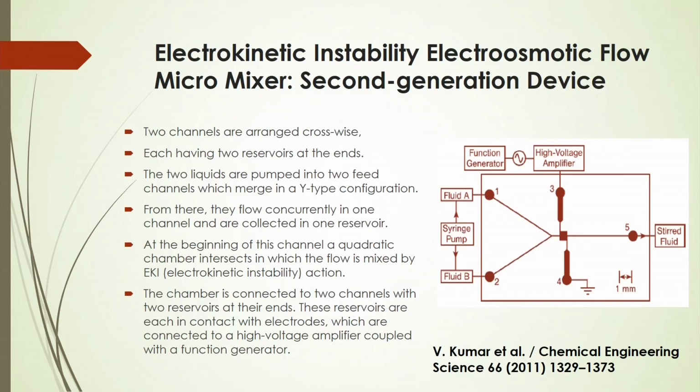At the beginning of this channel there is a quadratic chamber intersection in which the flow is mixed by electrokinetic instability action, and the chamber is connected to channels with two reservoirs at their ends. These reservoirs are each in contact with electrodes connected to a high voltage amplifier coupled with a function generator. In this way, these are the steps by which you can have micromixing by electrokinetic instability action.